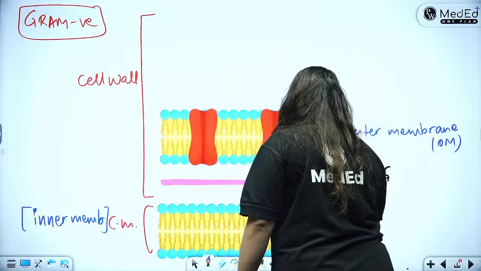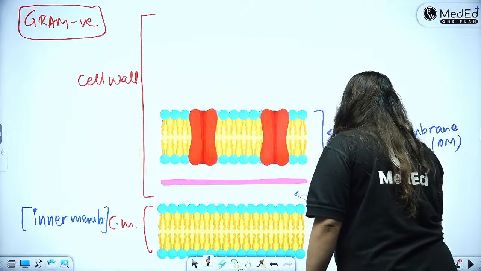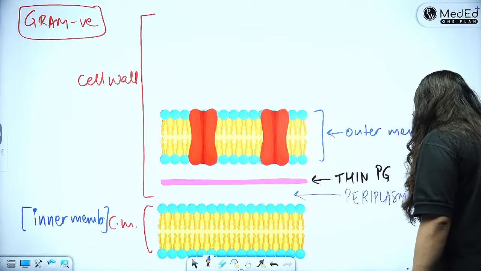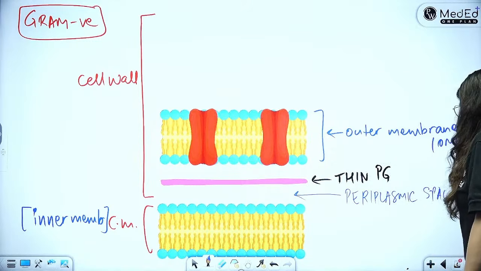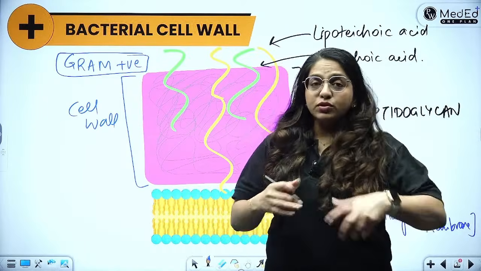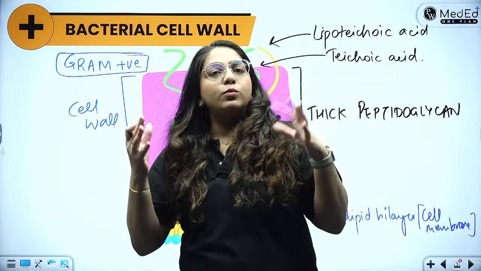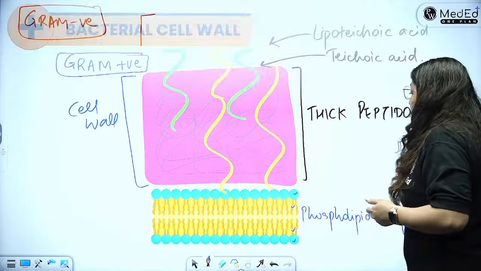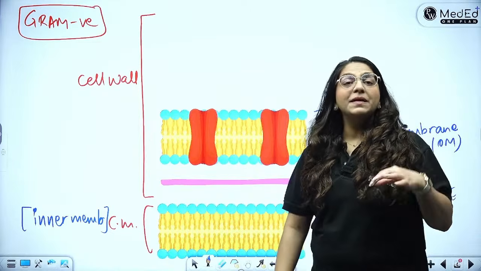What is this? This is periplasmic space. If I ask you whether there is a lot of periplasmic space in gram-positive bacteria? No, there is hardly any space. There is no space over here. So periplasmic space is almost nil to absent in gram-positive bacteria, but there is lots and lots of periplasmic space in the gram-negative bacteria.